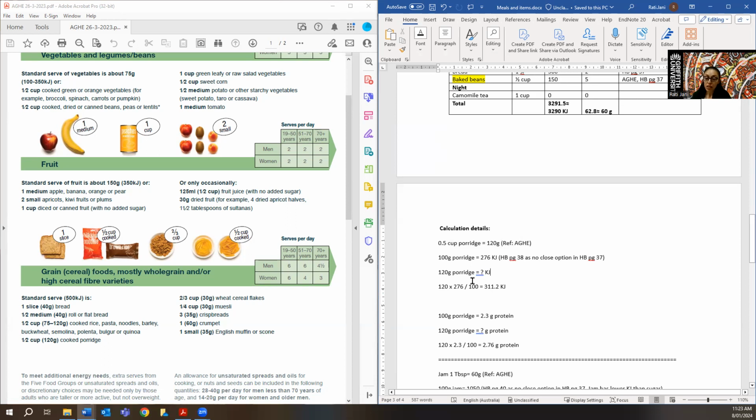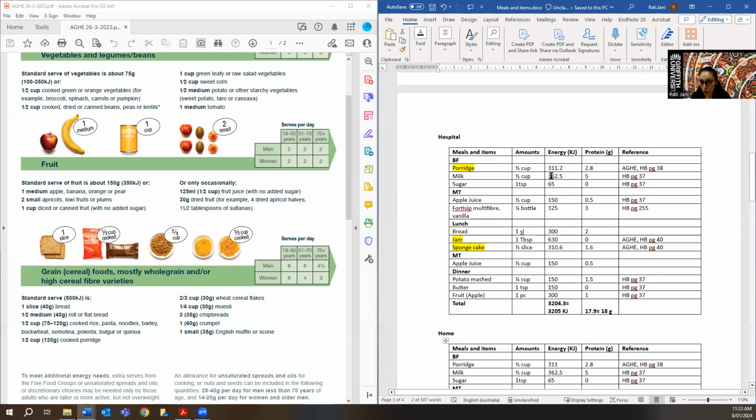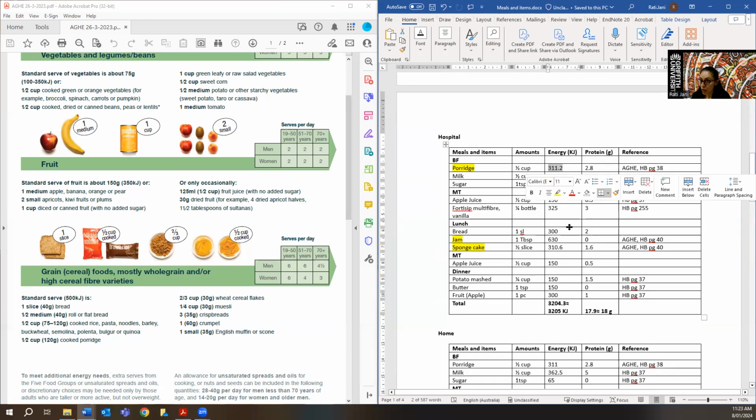Cross multiply. This is something which you have learned in nutrition. For certain calculations, I had the opportunity to teach you in food science as well in previous years. It's the same thing, cross multiply, and this is how I got the answer, 311.2 kilojoules.